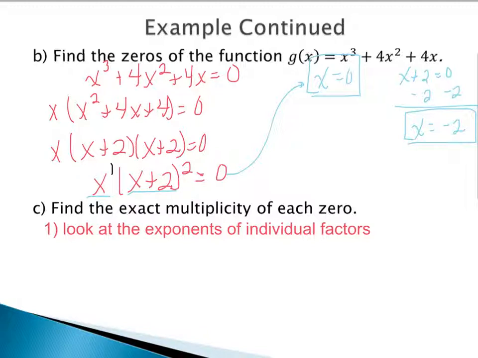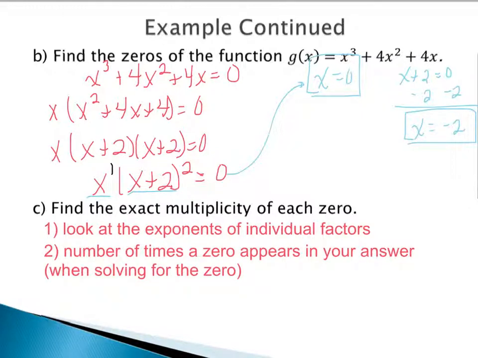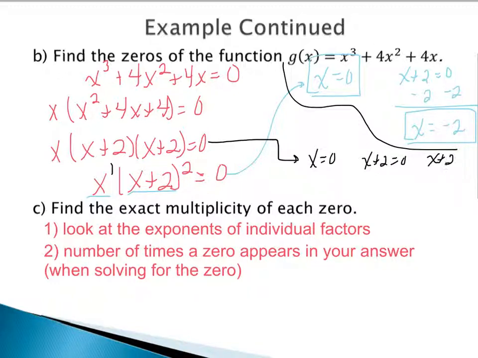Another way to do it would be the number of times your zero appears in your answer. How this might be helpful is if you didn't rewrite it how I did, as (x plus 2) squared. If you stopped at this point and solved, you would get x equals 0, x plus 2 equals 0, and x plus 2 equals 0.